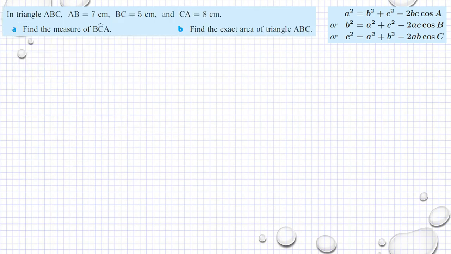Next, in triangle ABC, AB is equal to 7 centimeter, BC is equal to 5 centimeter, and CA is equal to 8 centimeter. Find the measure of the angle BCA. Find the exact area of triangle ABC.